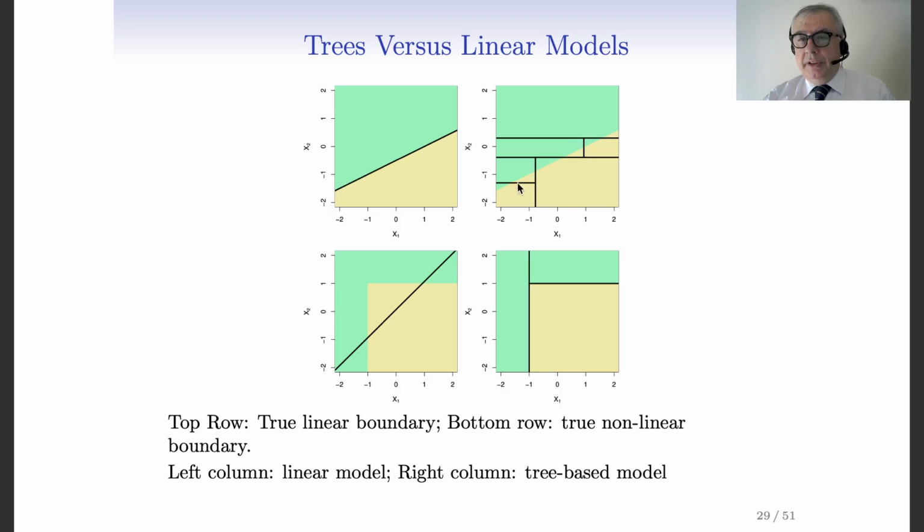We will possibly obtain something like this. So my decision tree partitions the predictor space in this way, and so this rectangle is yellow, this one is green, yellow, green, yellow, green. So it tries to approximate the linear decision boundary by means of these boxes.